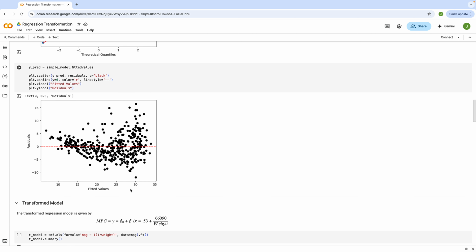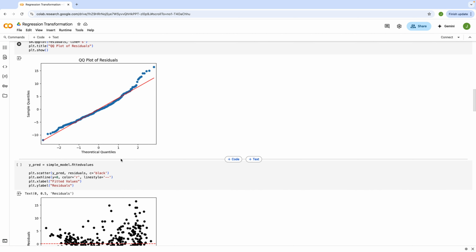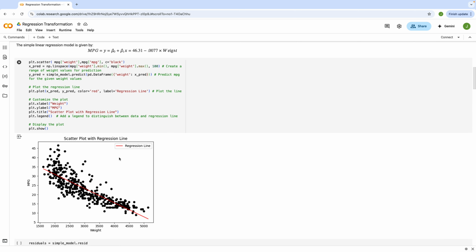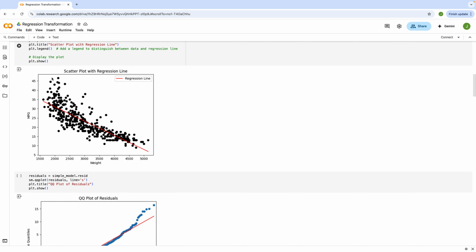The data is likely independent because it's unlikely that one observation affects another's fuel economy. But one thing that we notice is, hey, there's quite a few points above and below. There's kind of a curvature to the data points.